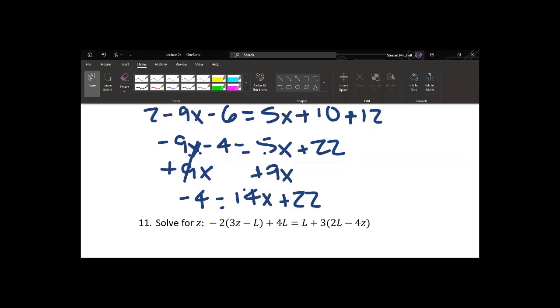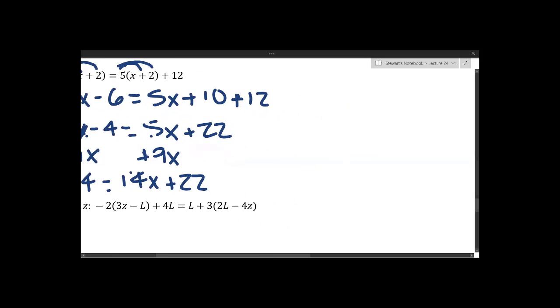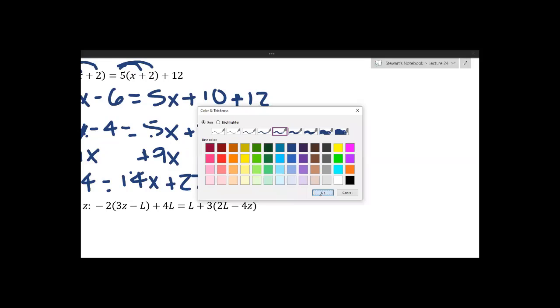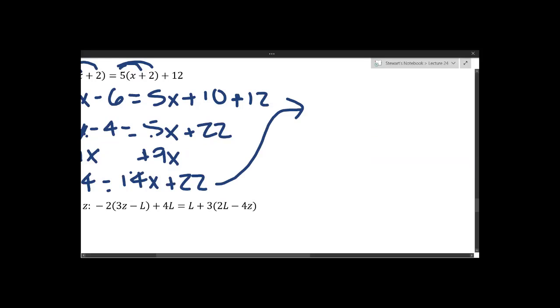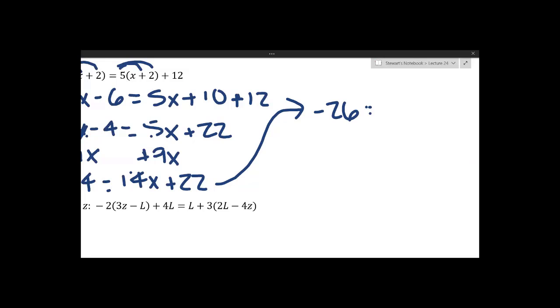Negative 4 minus 22 is negative 26. Move this over here. So we'd have negative 26 equals 14x. Now all we have left to do is divide both sides by 14. That would cancel. X is left alone on this side.